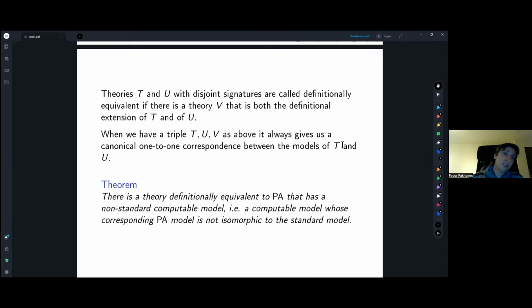Conceptually, the problem that I want to look at is the following. Peano arithmetic is good because it allows us to formalize reasoning about finite objects by induction.